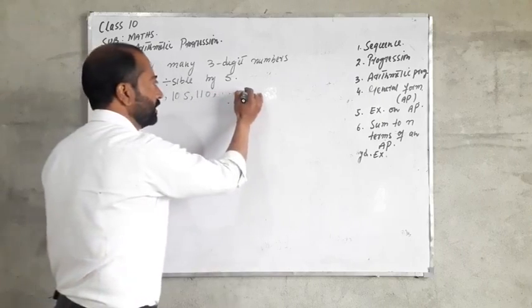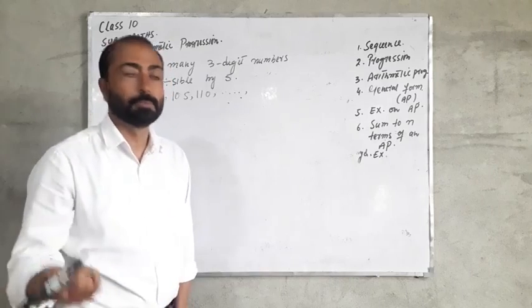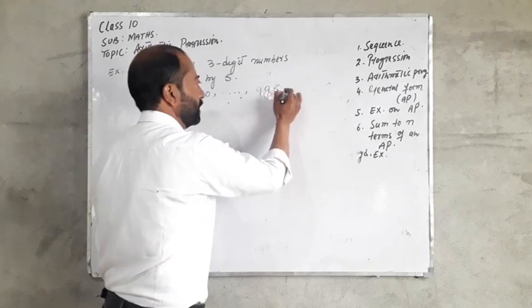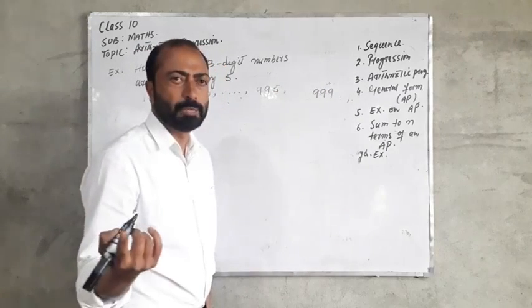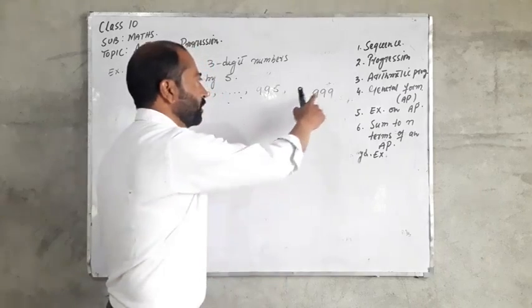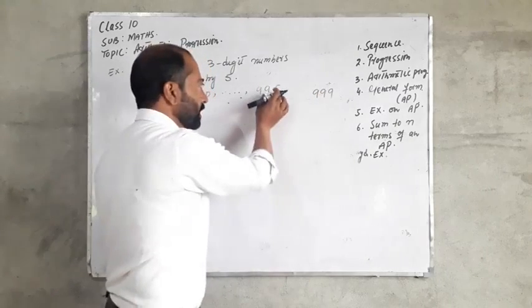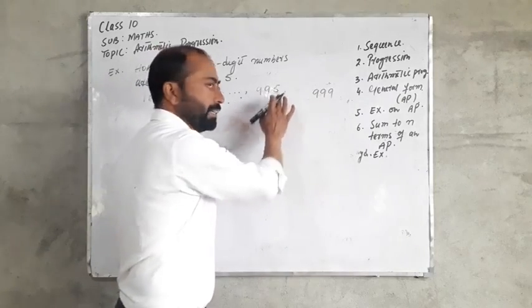And the last 3-digit number which is divisible by 5 is 995. The last 3-digit number is 999, which is not divisible by 5. That is the reason I have not written this 999 here. The last 3-digit number which is divisible by 5 is 995.